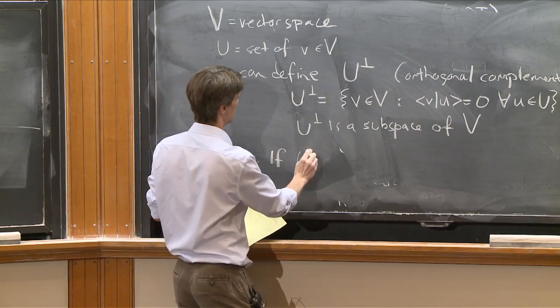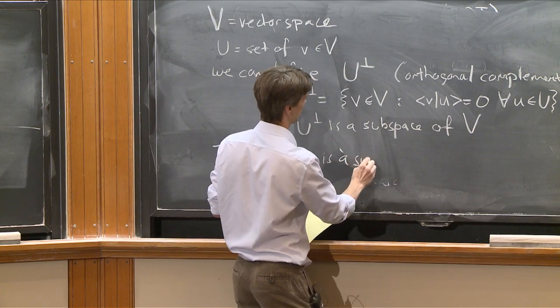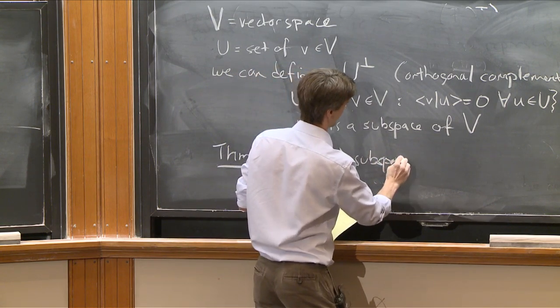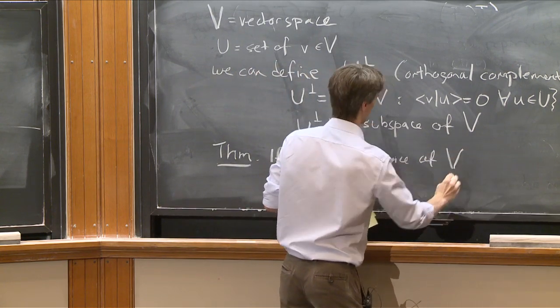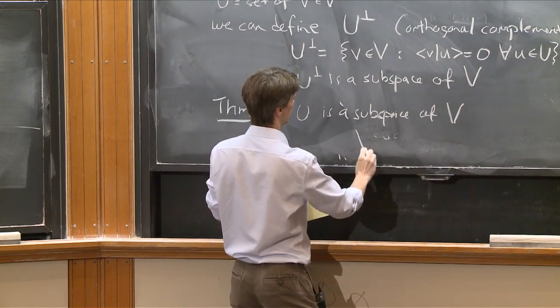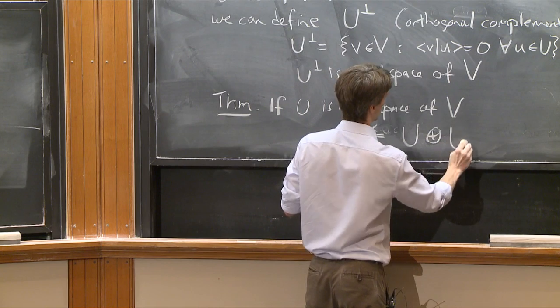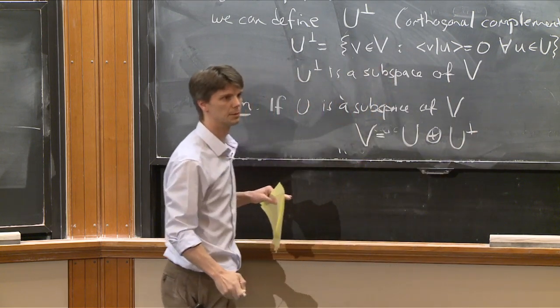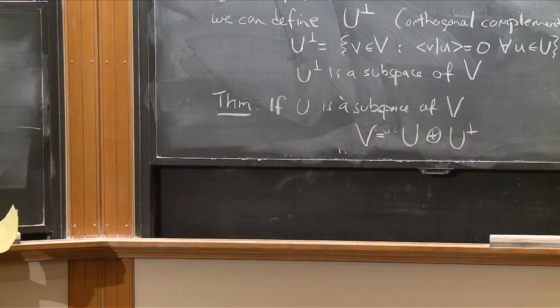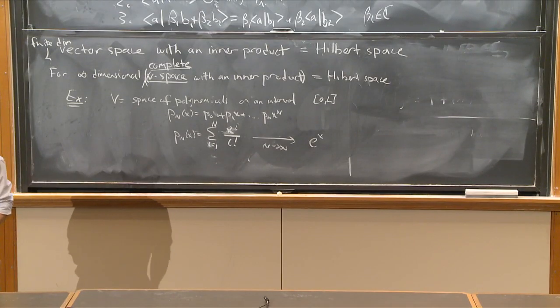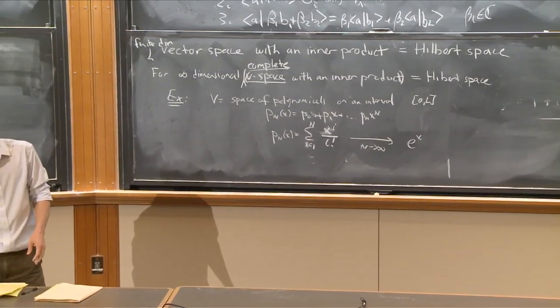If U is a subspace, then I can write V as the direct sum of U plus its orthogonal complement. That one's fairly straightforward to prove, but we won't do it now.